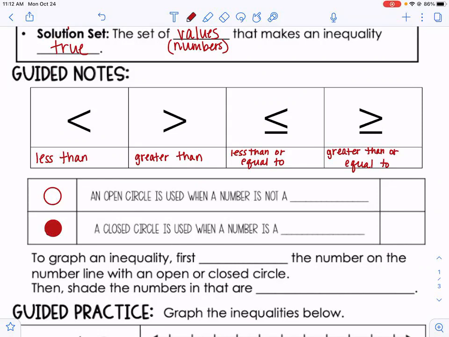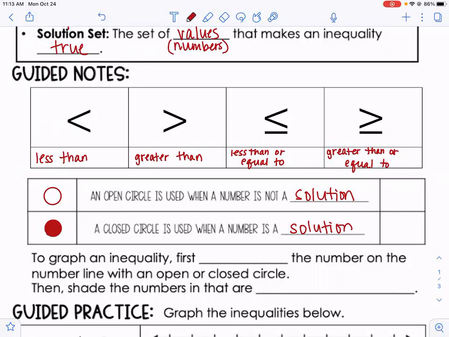One is going to mean that number is included. One of them is going to mean the number is not included. Just given the shapes, which one is going to mean the number is included, Bronson? The closed circle. When your number is not a solution, we have to use an open circle.